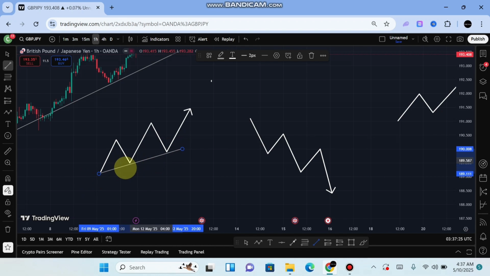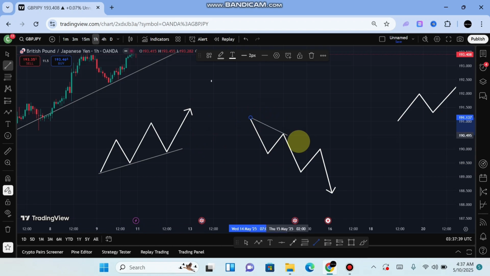Here the trend line acts as support, which means that the next time price retraces and touches this trend line, price is going to move to the upside. In a downtrend, trend lines act as resistance, which simply means that the next time price touches this trend line, price is going to react and move to the downside.